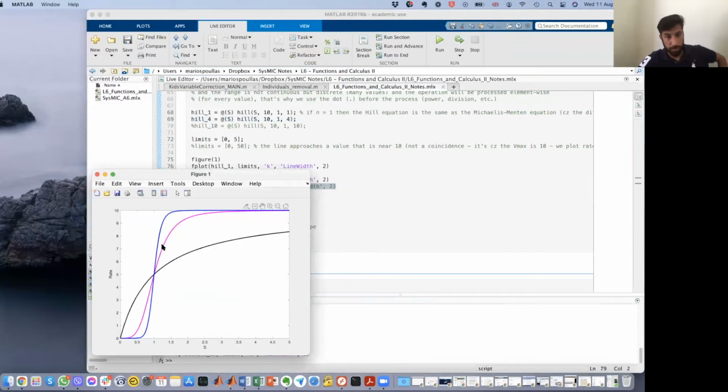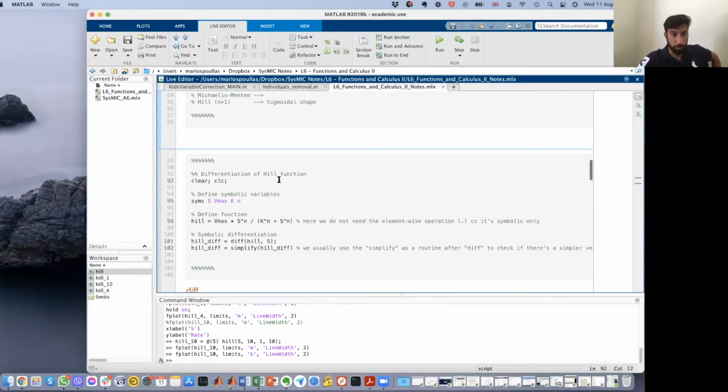And you can see that as the exponent increases, it reaches the highest rate earlier, with less substrate. Less substrate is needed to reach the maximum rate if the exponent is greater. That's what we can see here.